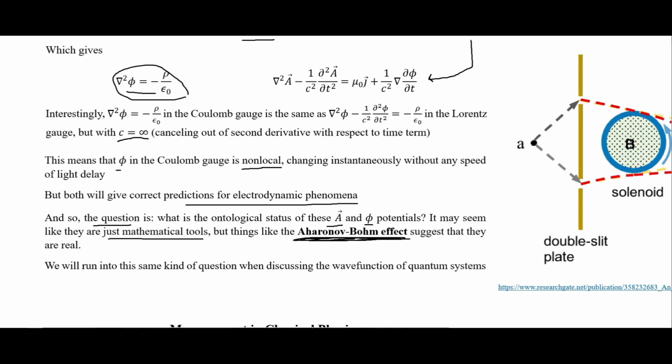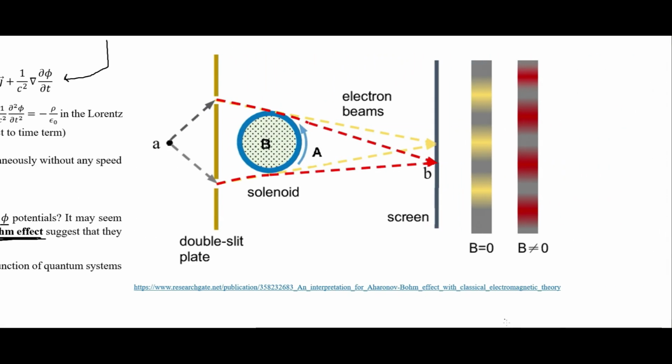But what it is essentially is you do a double slit experiment. You have a solenoid that's long enough that outside the solenoid, where the electrons are going to pass around it, the magnetic field is going to be zero, but we would still have this vector potential A right here.